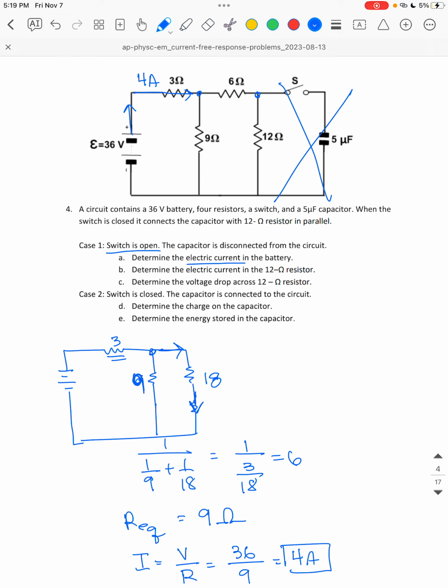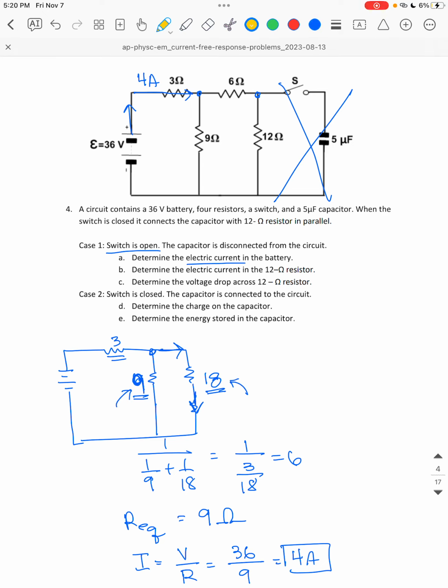One thing we talked about in class is instead of doing Ohm's law, you can do these problems using proportions, and most of the time with AP questions, they're nice values, not decimals. So I can see that 18 ohms of resistance is double the 9 ohm. What that means is that my current is going to be half for the larger resistor than what it would be for the 9 ohm resistor.